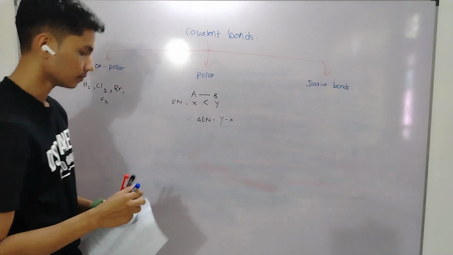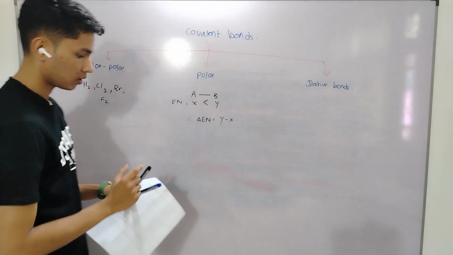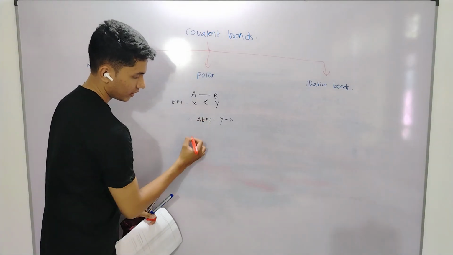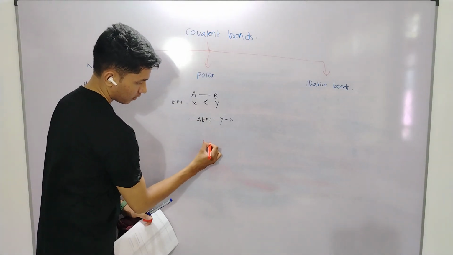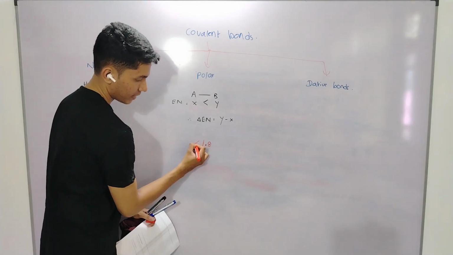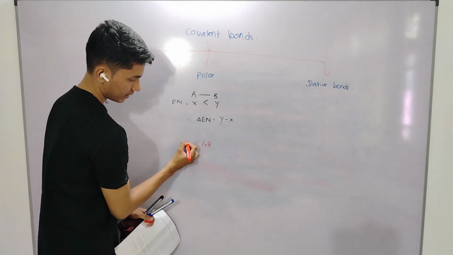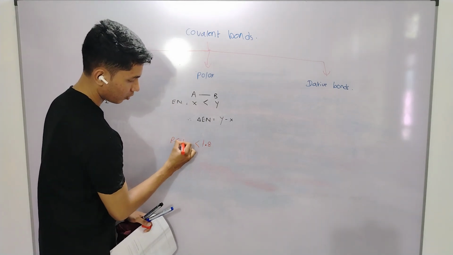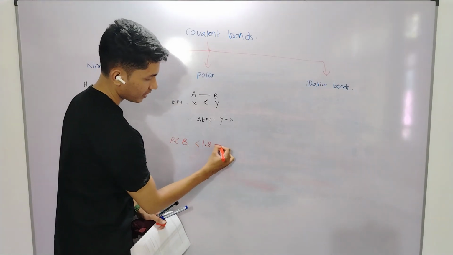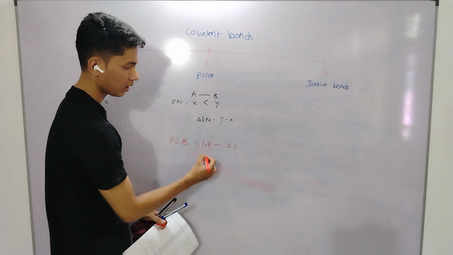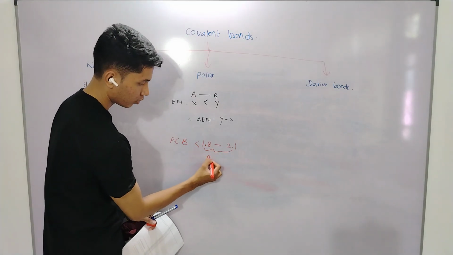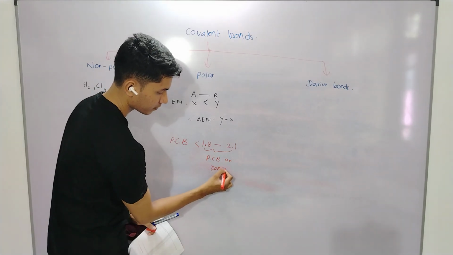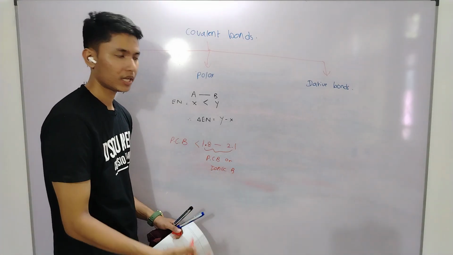If the electronegativity difference of the bonded atoms is less than 0.8, it belongs to the polar covalent category. Between 1.8 and 2.1, it can be a polar covalent bond or it can be an ionic bond.